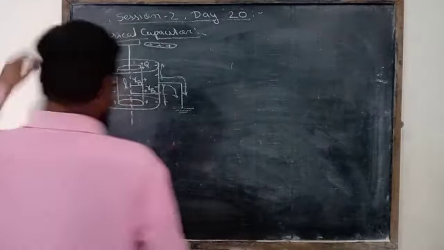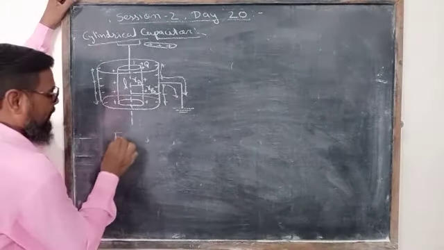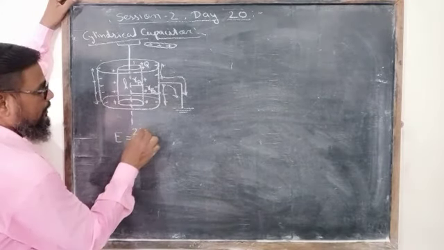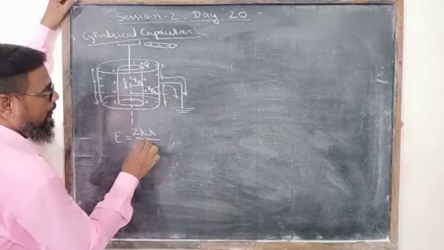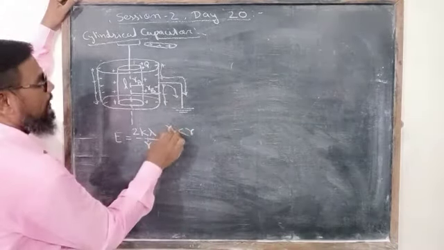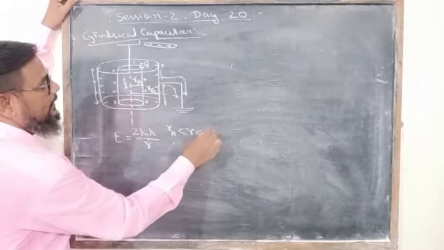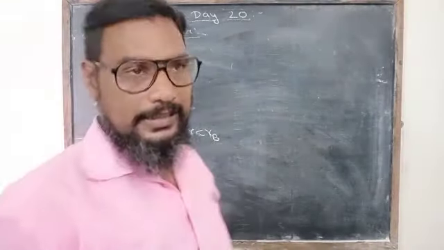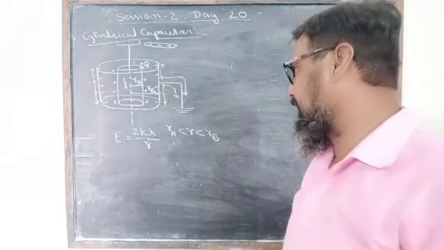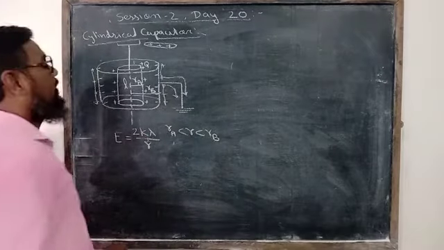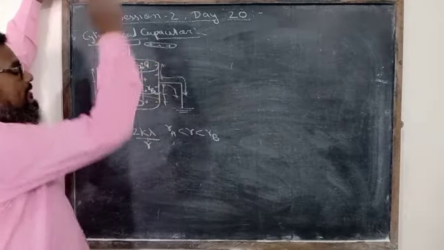Now we know that the electric field intensity E is equal to 2K lambda upon R, and here R is greater than RA and less than RB. R is any distance from the common axis and between the cylinders.